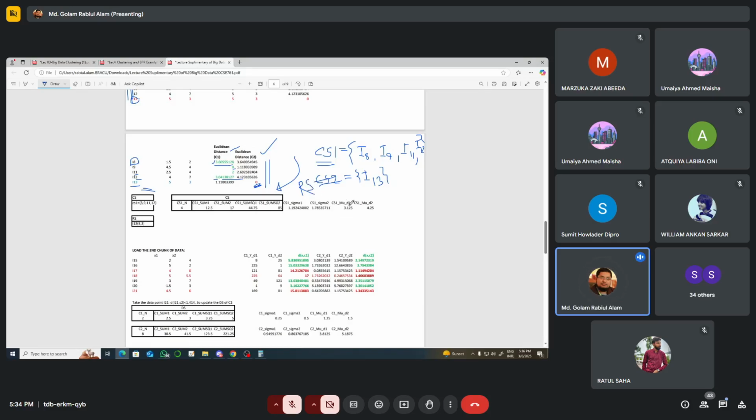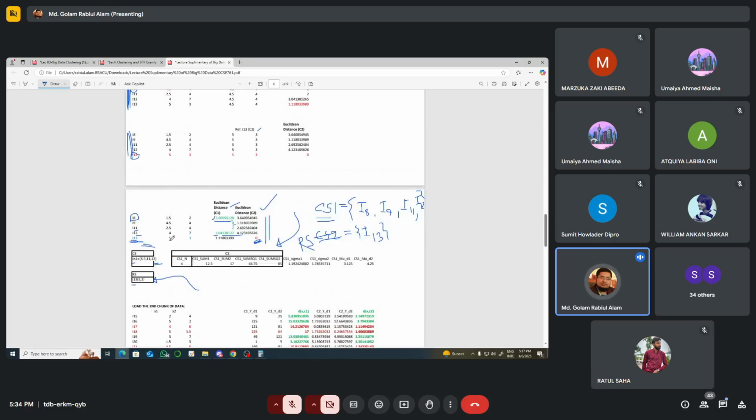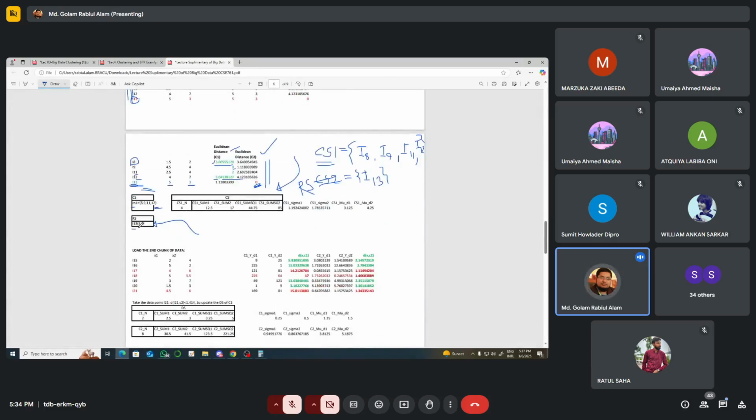The retained set is I13, and the compressed set gets the 4 elements I8, I9, I11, and I12. In the retained set we just store the whole data point, that is I13, where the first dimension is 5 and the second dimension is 3.